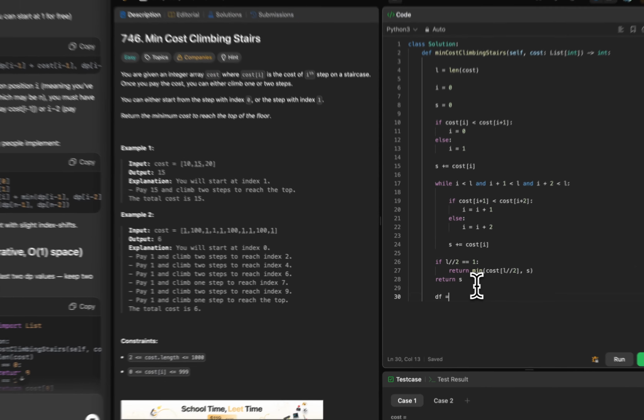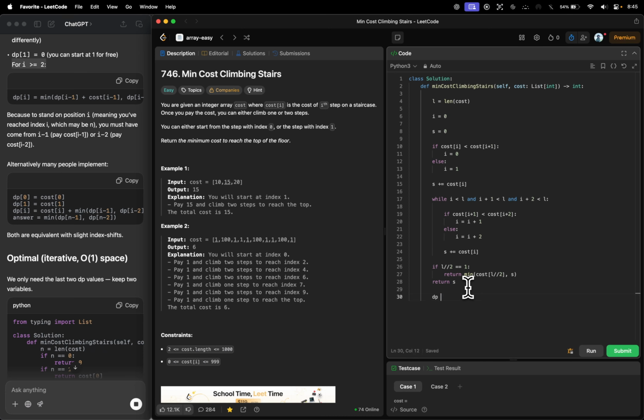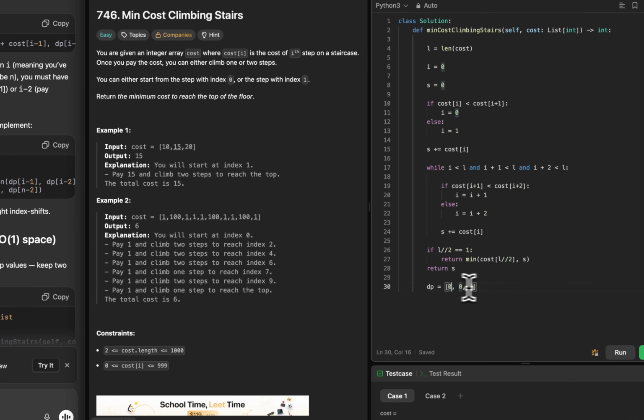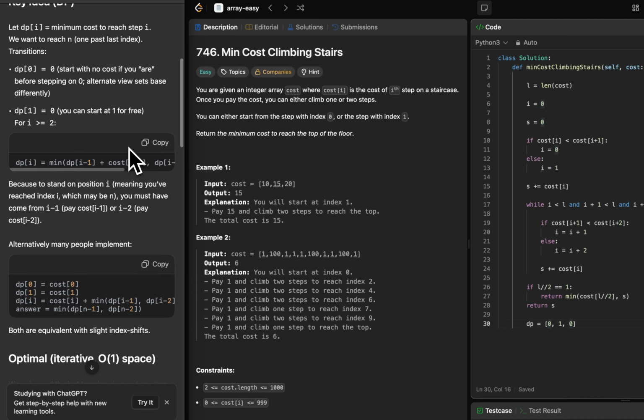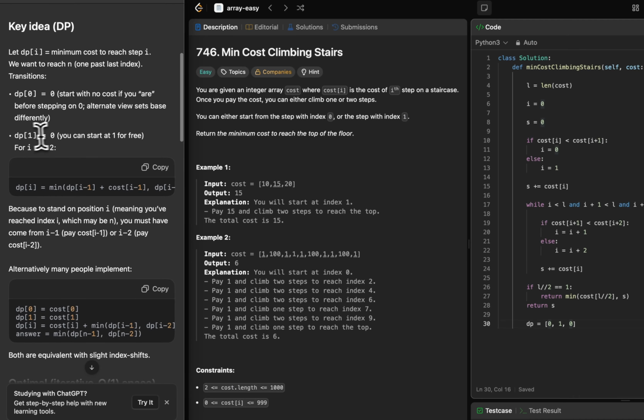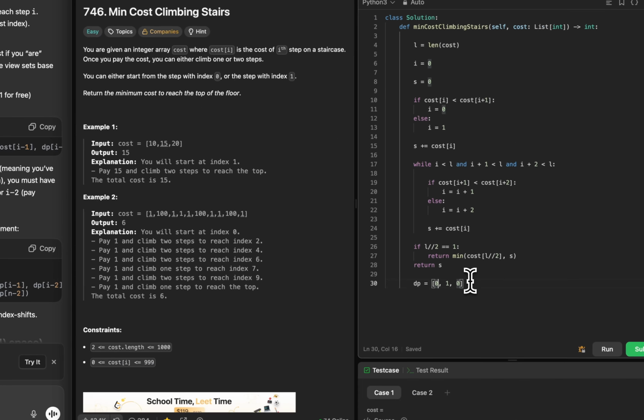It is saying that let's say I have a list, and I can start with 0 0 0 0 0, however long the length is, and then it is saying I can start with making this 0 and this 1, because in order to reach the very first index it takes 0 effort. But wait a second, dp of 1 should also be 0, yeah.